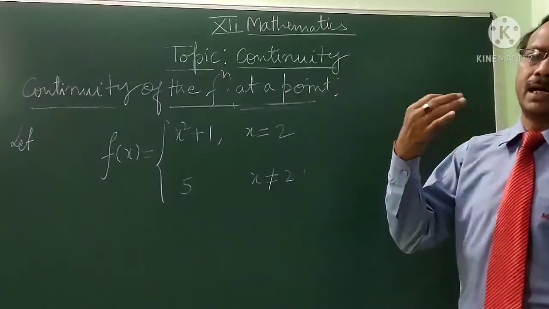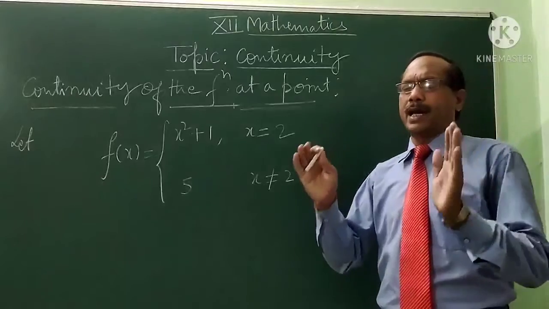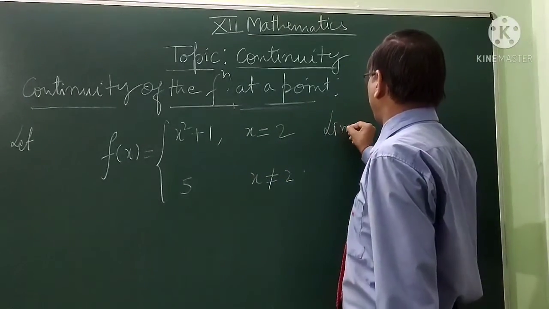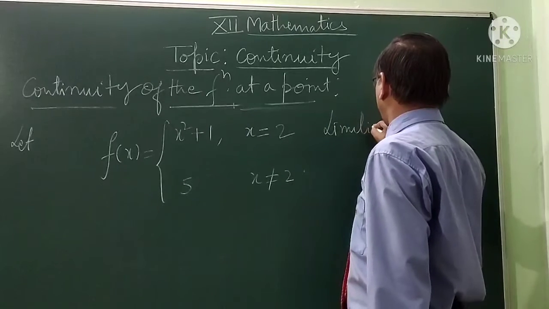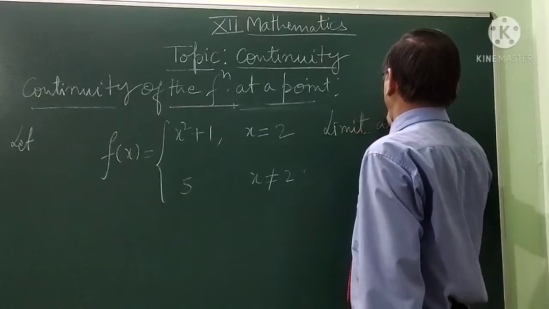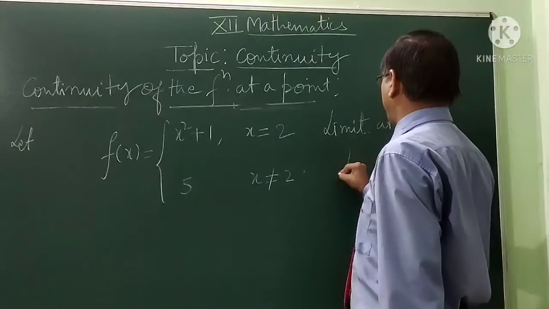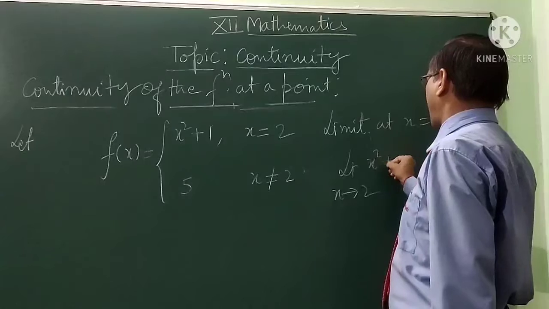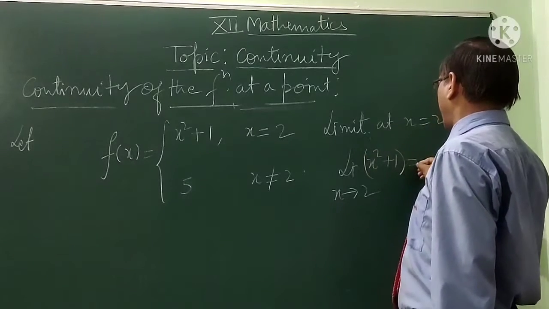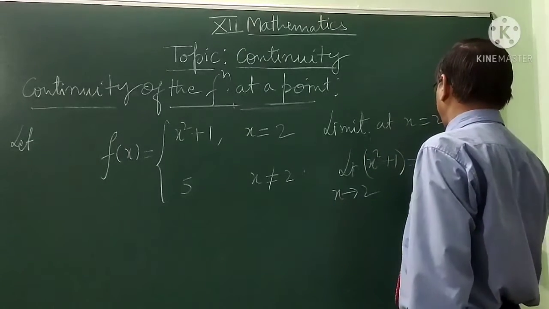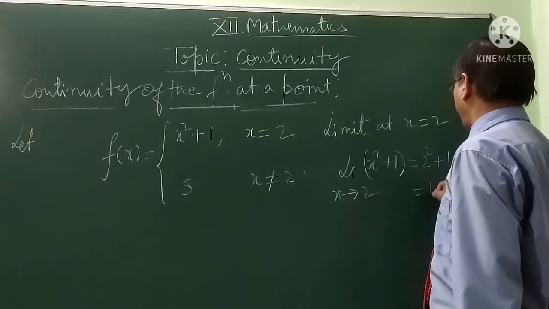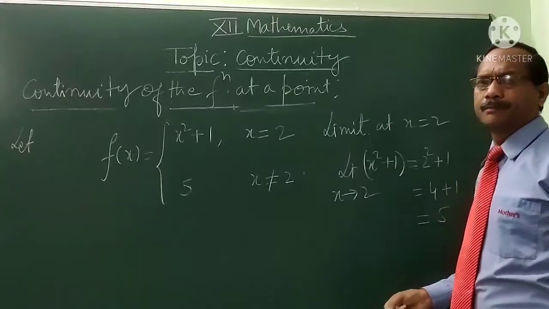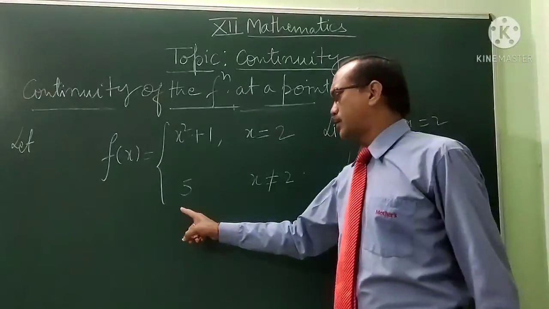Now let us find the limiting value of the function at x equal to 2. Limit x tends to 2 of x square plus 1 is 2 square plus 1, which is 4 plus 1, which is 5. So the limiting value is 5, and the value of the function is also 5.